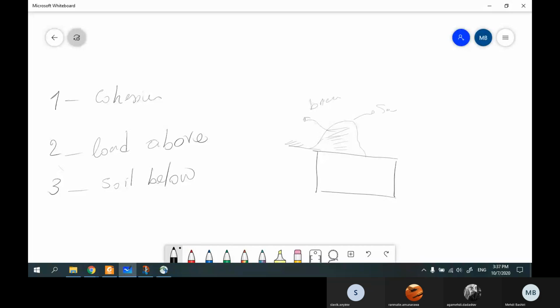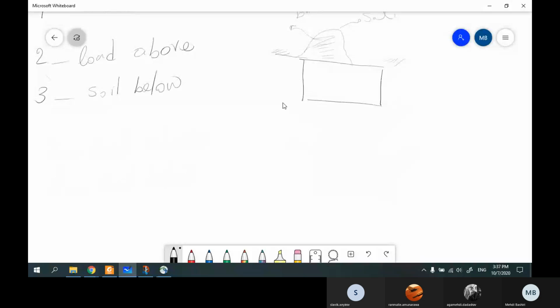This load above the surface matters if you are designing a foundation: you have to excavate a hole and construct your foundation, because the final level should be ground level.